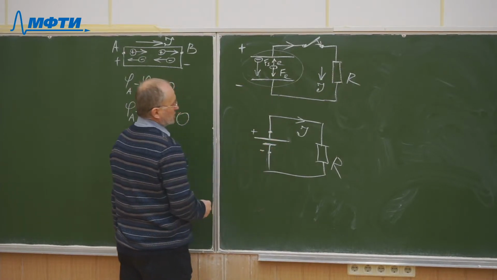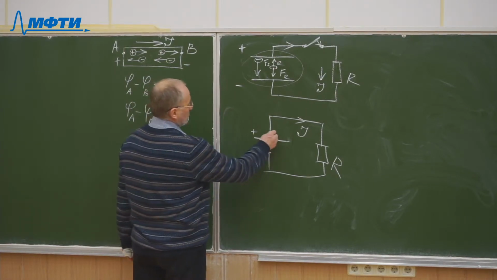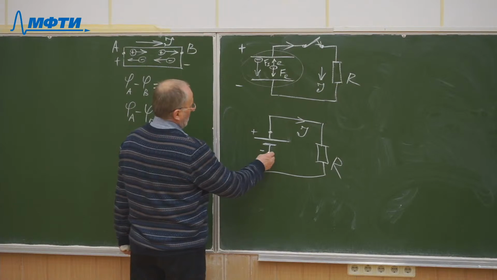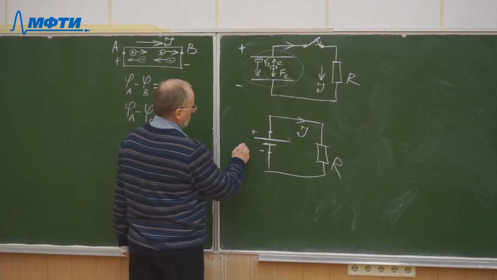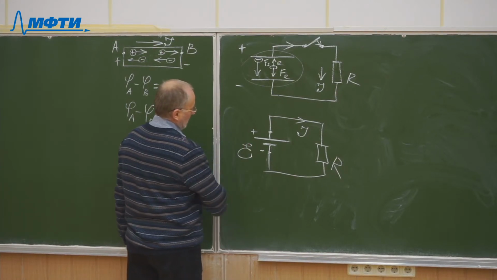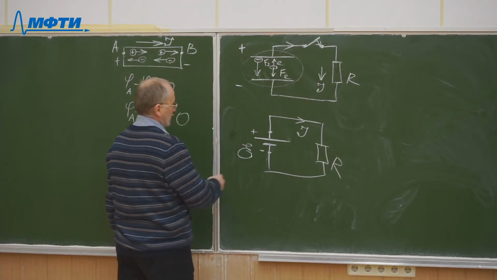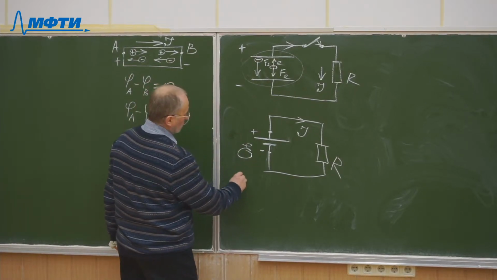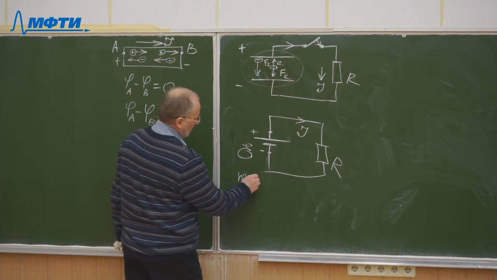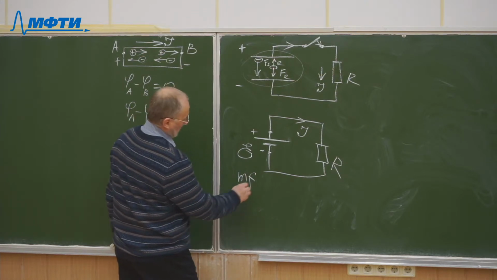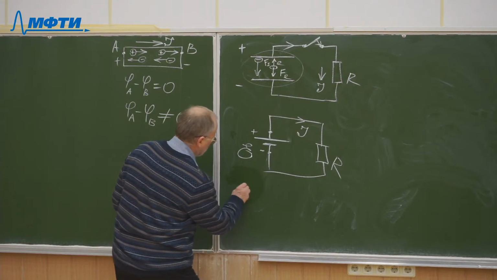Any external source of voltage is characterized by some voltage on its terminals, on its end contacts. So this voltage is usually denoted by E. This is E, and it's called electromotive force, and it's denoted by the abbreviation EMF.